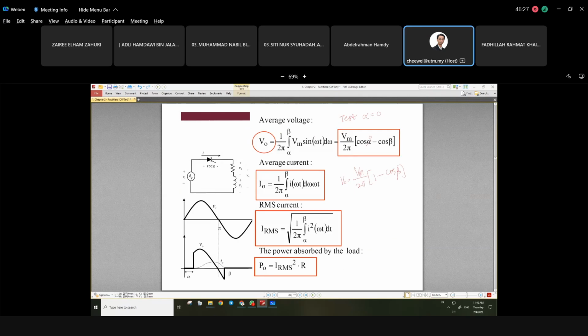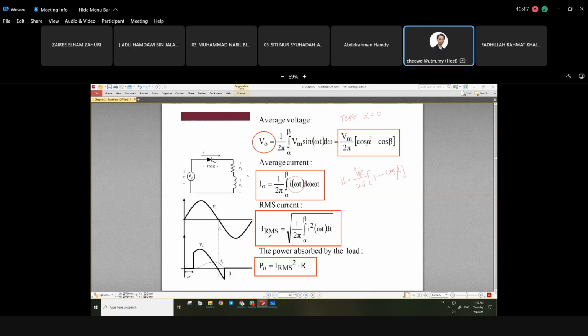Calculate the average current of this circuit. So to find this average current, you need to press the calculator for the equation. That is exactly the example I've given you on using the calculator. So please look at it.